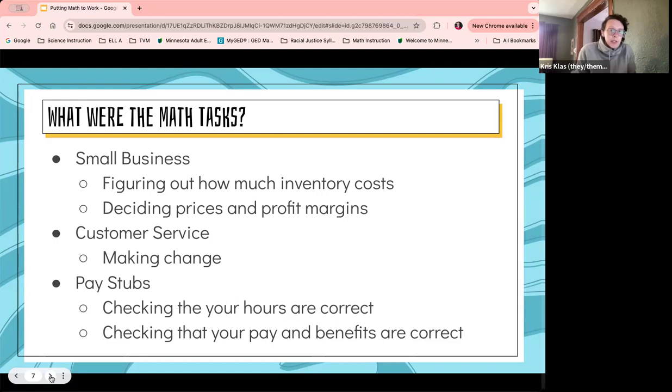The customer service curriculum that I worked on, making change is a big area students need to be familiar with. And sometimes I hear people push back on that, like the cash register, the computer figures it out for you. Students don't need to know how to do that.